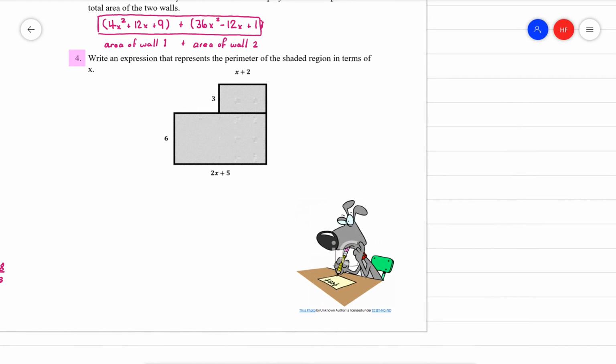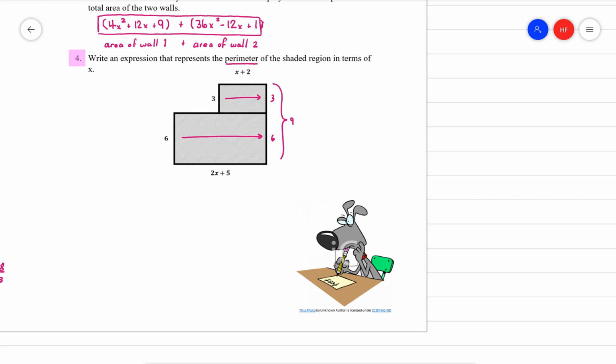Number 4 says write an expression that represents the perimeter of the shaded region in terms of x. So perimeter, we're adding all our sides together, and it is the shaded region, which is both of those rectangles, so we would have to add them all together. If this is a rectangle, I need to find out this side, which would be 3, and this one, which is 6. So this entire thing is 3 plus 6, which is 9.